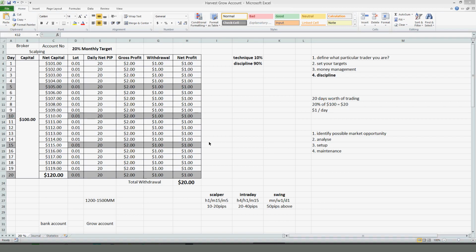But what you need to set yourself is a goal or a target that you are able to achieve and are more comfortable with. Do not set your targets higher than what you are usually doing, because that will put pressure on yourself. And when you are pressured, that's when you start to lose. And when you lose, you get more frustrated, more pressured, and eventually you'll blow your account.